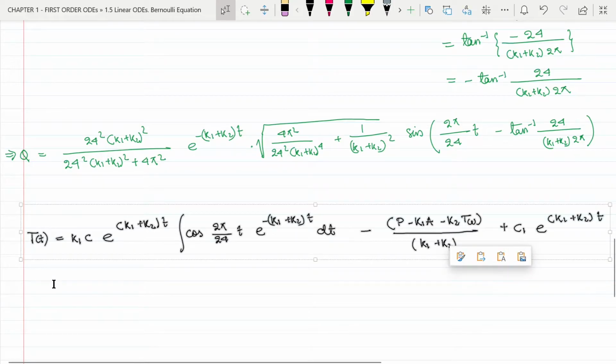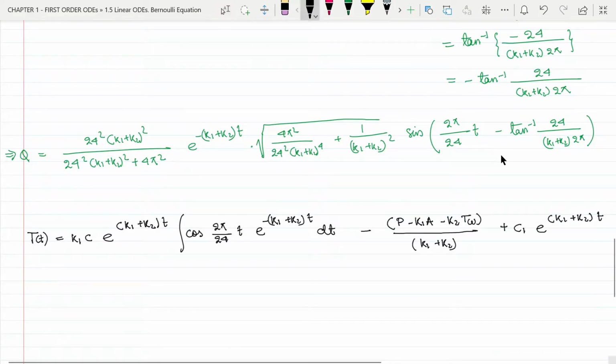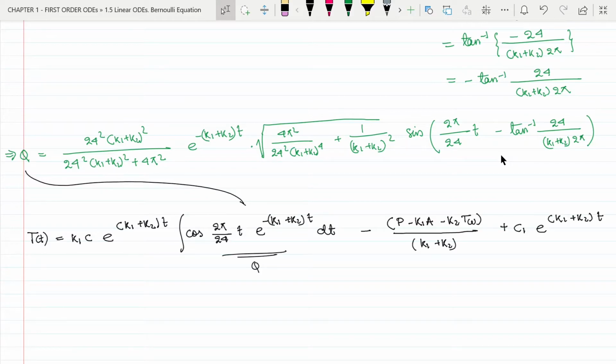So we had t equal to this much, and here this term was q, and we will replace this value in here and rewrite this equation. So we have T equal to K1C. This e to the power (K1 plus K2)t term multiplied with this gives us 1.